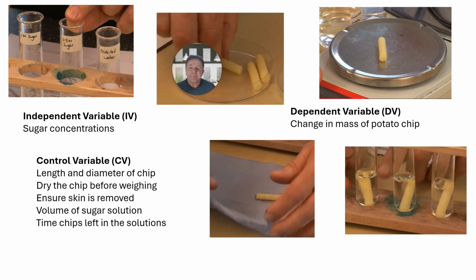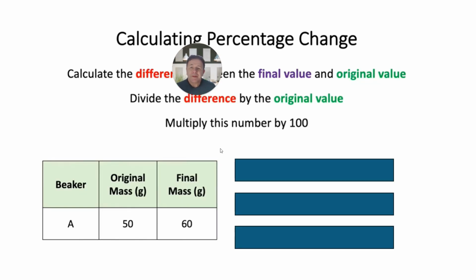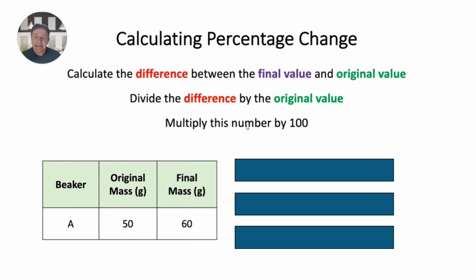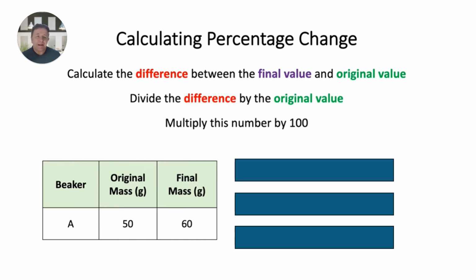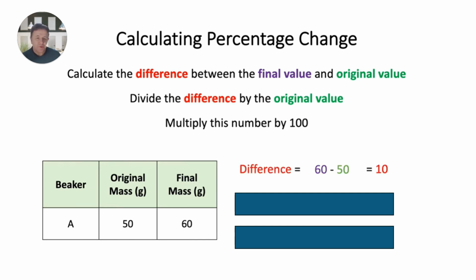One thing they do want you to know is about calculating percentage change. So you calculate the difference between the final value and the original value, divide the difference by the original value, and multiply it by 100. So in this case, the final mass is 60 minus 50, the original mass, to give you the change.